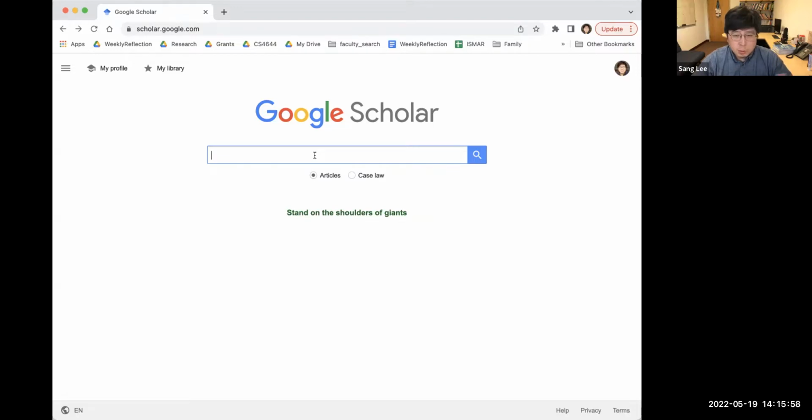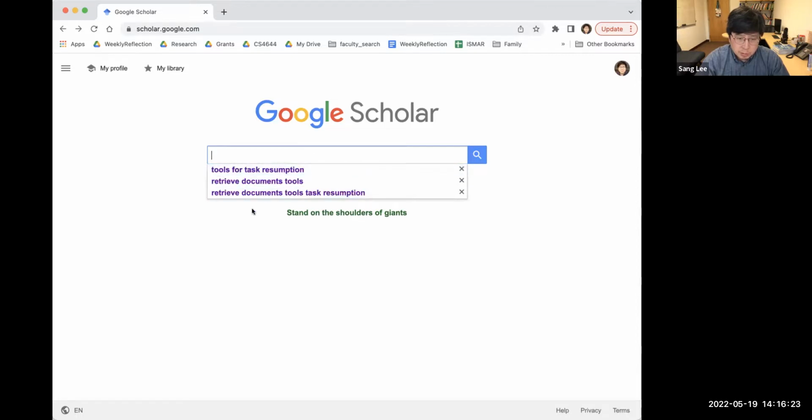So this is mainly for researchers to find relevant literature. I cannot even imagine how people were able to do research when there was no Google Scholar, honestly. This is a really useful tool for people to find literature that is relevant to your own research topic.